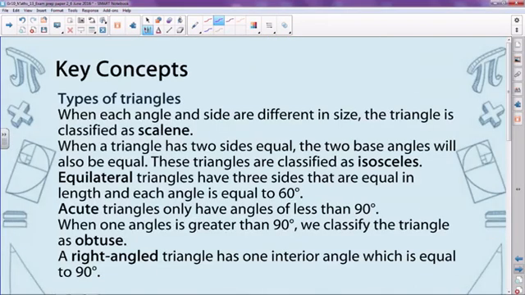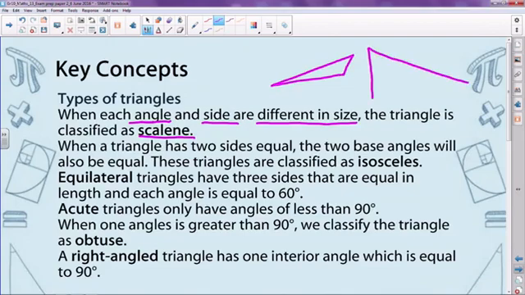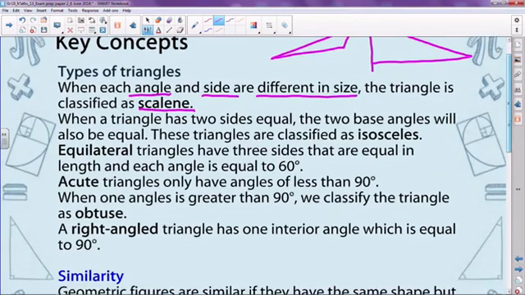Types of triangles. When each angle and side are different in size, the triangle is classified as scalene. So those triangles will look like any kind of weird random triangle. There's nothing too exciting about any of those.